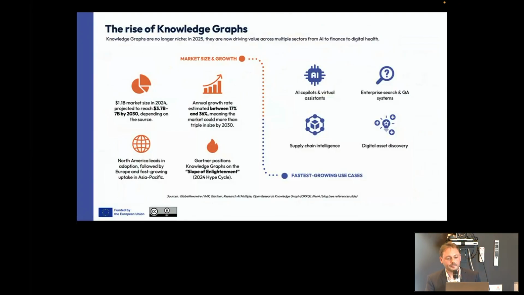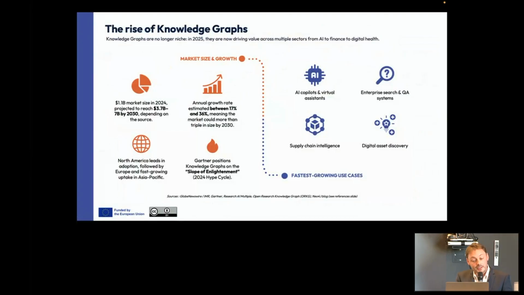So what is driving that growth? Of course, we have AI and all the components related to these new innovative approaches. We will discuss it in detail tomorrow. Then we have enterprise search and QA systems, which benefit from semantic precision thanks to the knowledge graph.